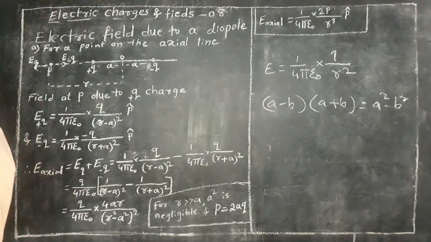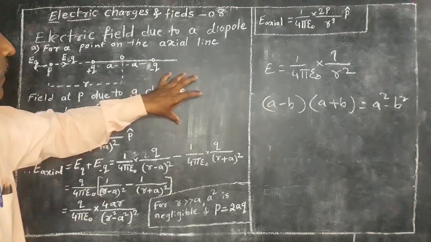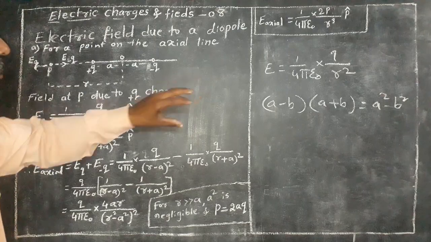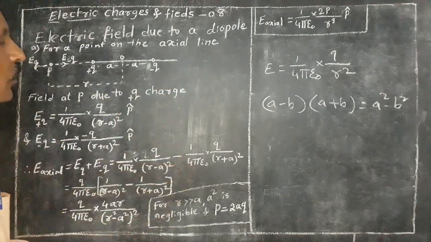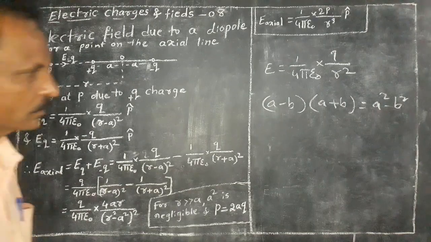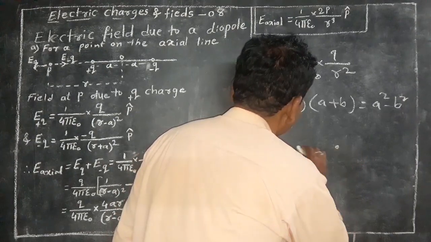Again, it is clear. So in the next class we shall discuss the electric field on the bisector of a dipole.